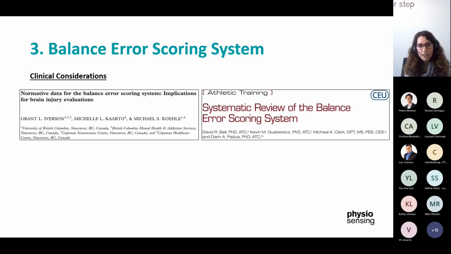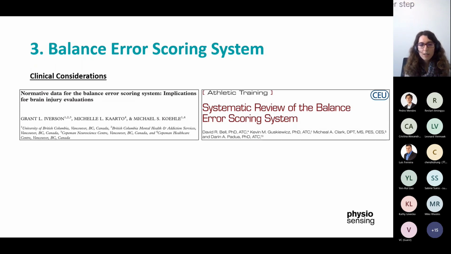Also, in this systematic review, the balance error scoring system shows moderate to good reliability for static balance assessment and can detect balance problems in individuals with concussions and fatigue.